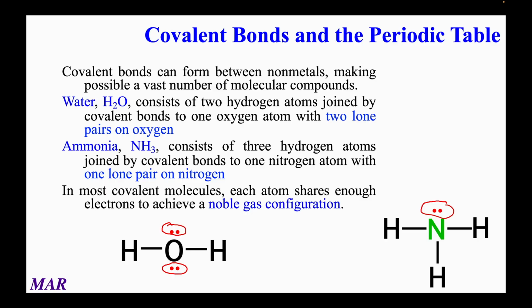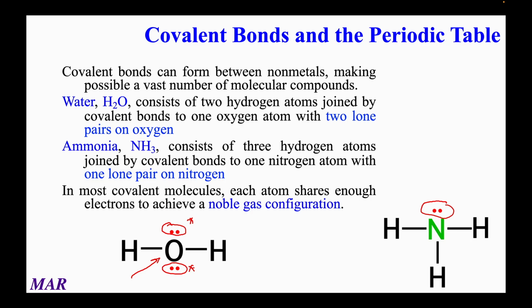In most covalent molecules, each atom is sharing enough electrons to create a noble gas configuration. Now again, in a nutshell, noble gases basically mean 8 electrons around them. So if you look, for example, at the oxygen down there, oxygen has 2 lone pairs, and each of those is 2 electrons, so that's 4 electrons.